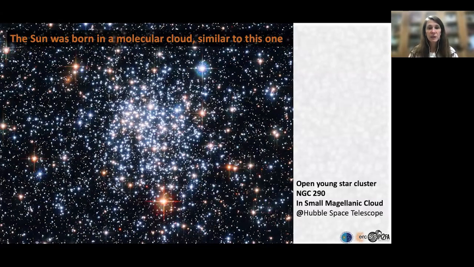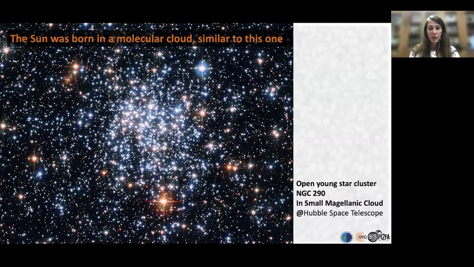It shows us myriads of young stars. When the sun was born, it was born from material which already belonged to a star that was in this place. It went through the process of nucleosynthesis and explosion, and then this material was recycled, and then our star was formed.